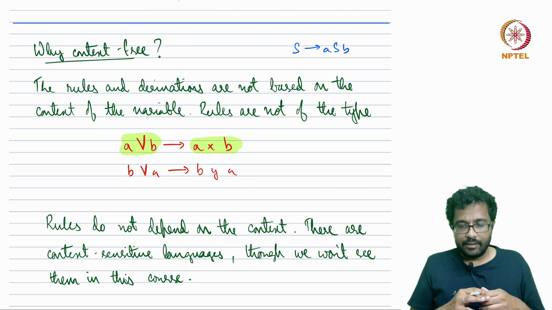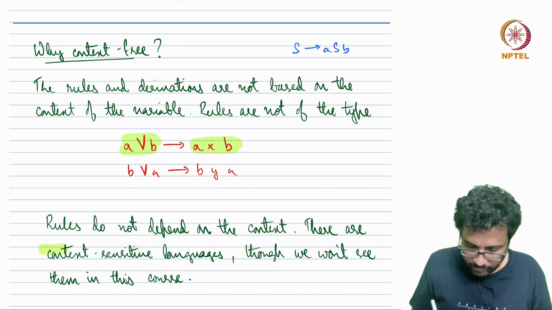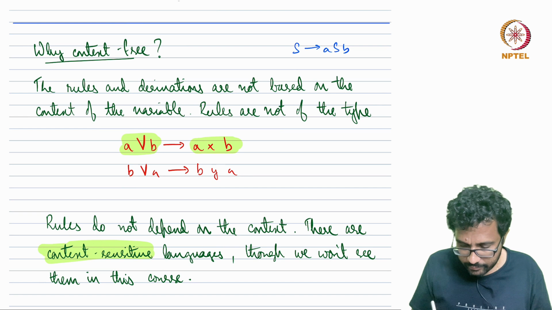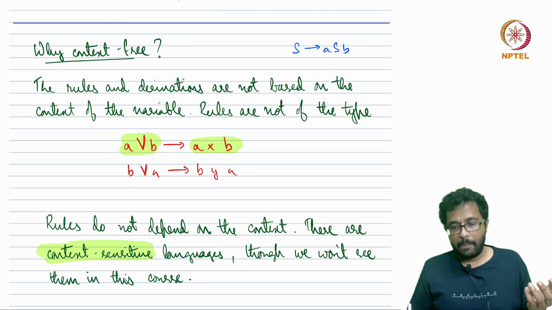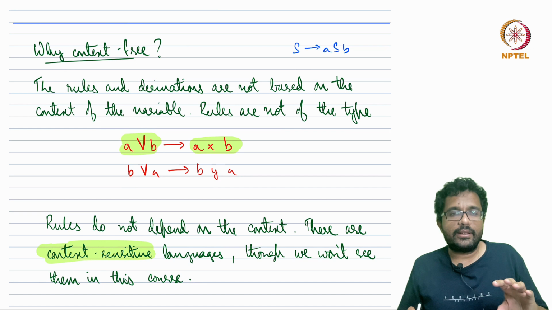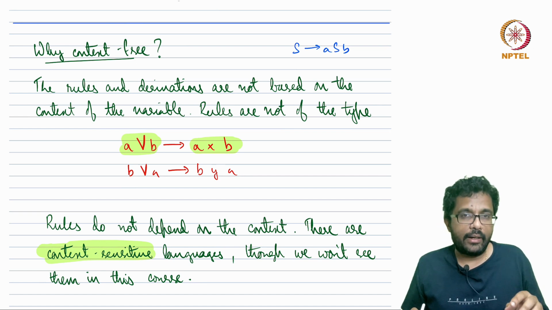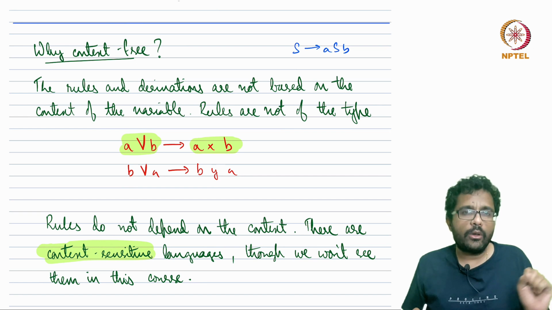This is what you would call context sensitive rules, where I have to look at the variable and at the context in which we see it. However, all the rules that we saw so far in the case of context free grammars do not look at the context.